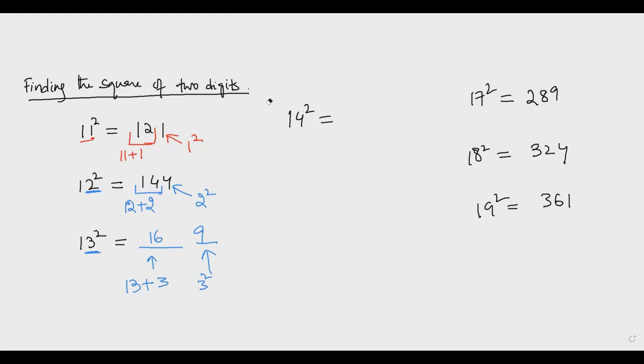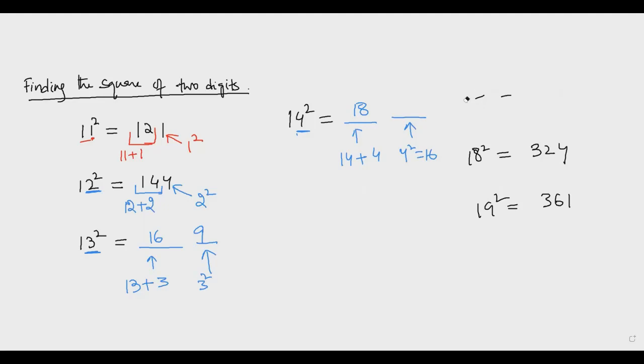Okay, 14 square. Now you want to find 14 square. The whole number 14 plus the last digit, which will be how much? 18. And then the last digit squared. 4 square is how much? 16, right?